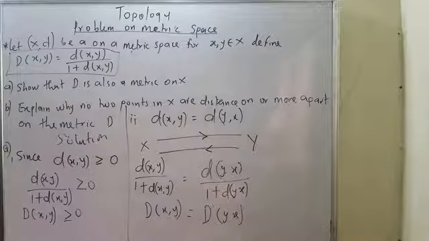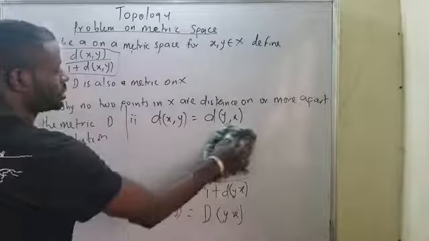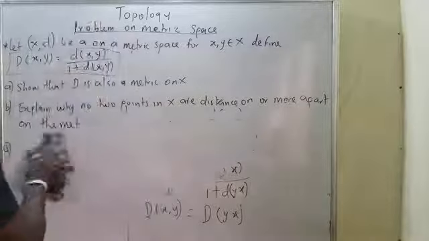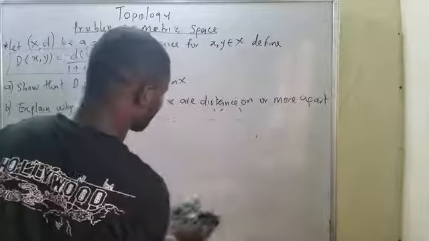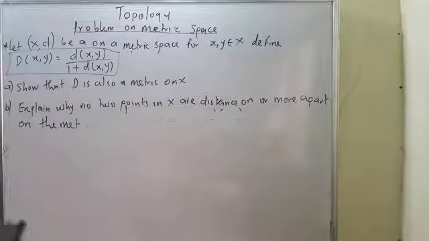Let me move on to the third one. I need to rub this junction. Now, the third one, I need to show something there.